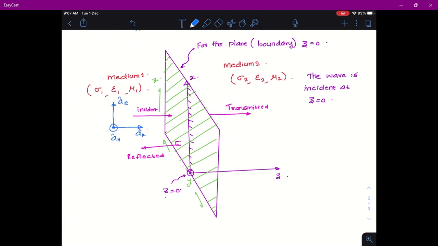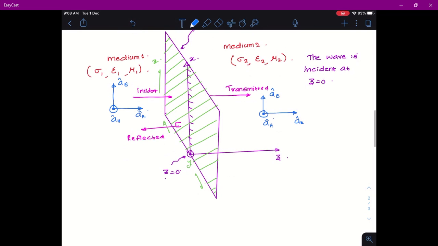Then the incident wave will get transmitted. So let's make an assumption that the transmitted wave's direction of propagation is like this, a_k cap. The electric field remains in the same direction, a_E cap, and the magnetic field also remains in the same direction, because the direction of propagation and direction of electric field has not changed. So the magnetic field will also be in this direction.